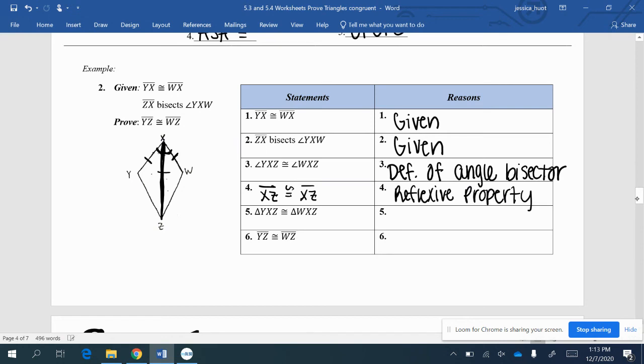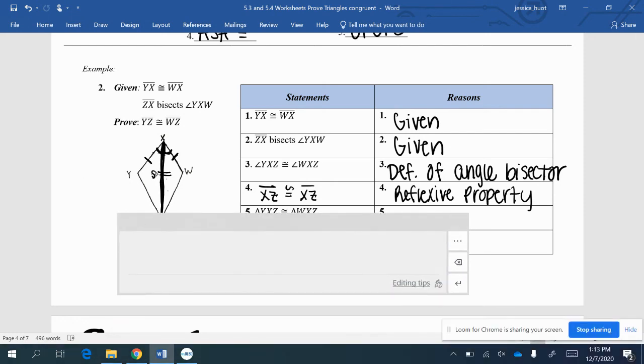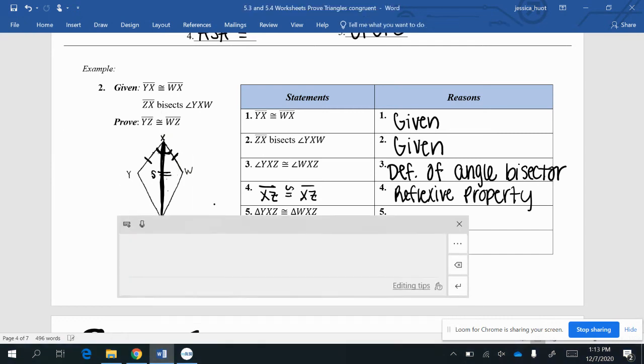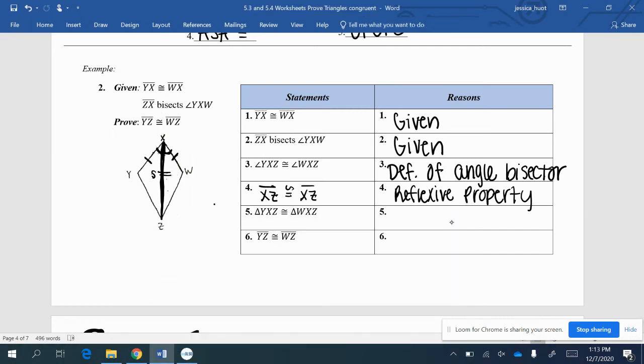Once I have that done, I mark it in my picture, and I can see that this is a side here, a side here, and then side here, angle, angle. So I can see it's side, angle, side, side, angle, side. So this is going to be side, angle, side congruence.